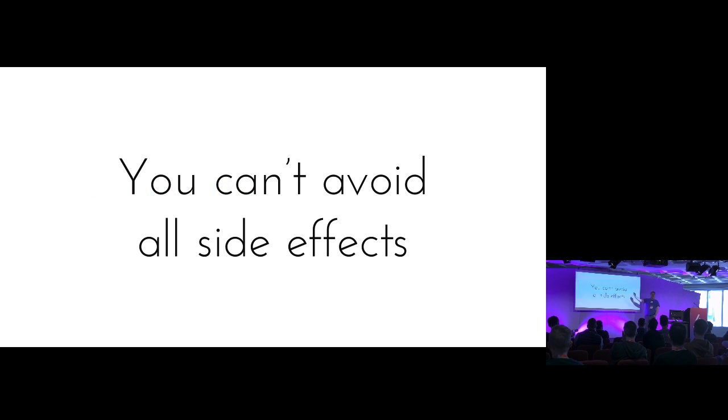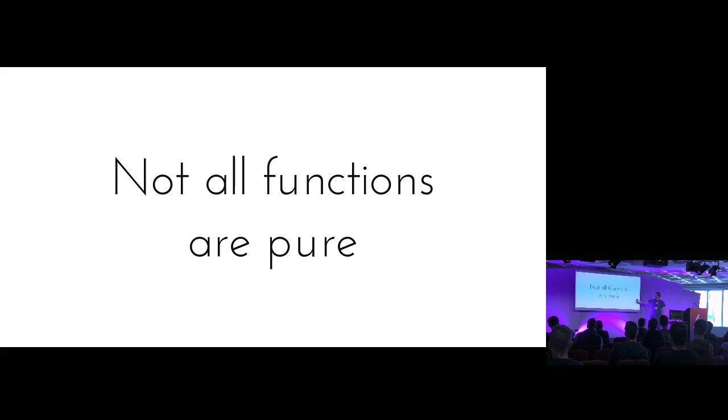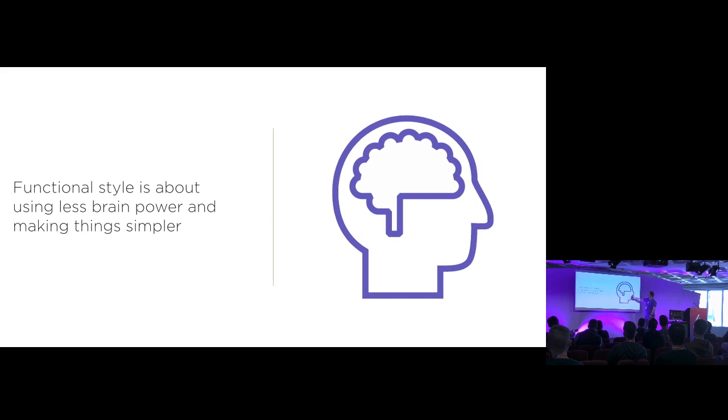You have to have side effects. Not all of your functions are going to be pure. That's not the point. The point is that not everything has to be immutable. Yeah, you want to have some things not change, but not everything has to be immutable. We're going to spend the rest of the time, I'm going to convince you of this: using functional style in JavaScript is about making your life easier, not harder. It's about simplifying what we're doing so that we're using less brain power and making things simpler.